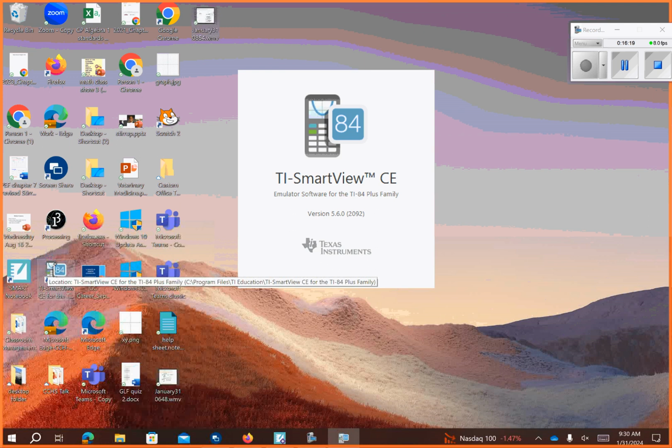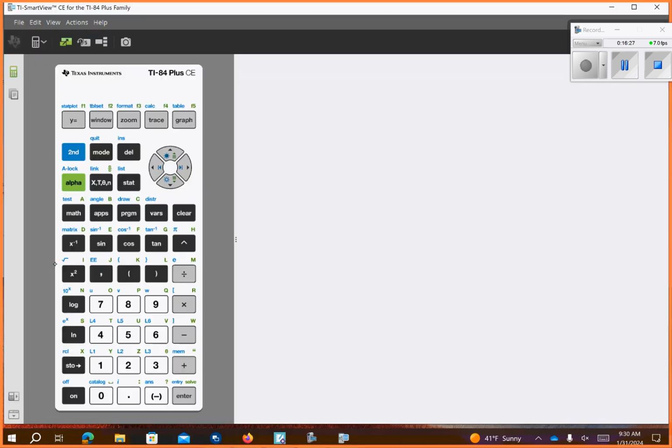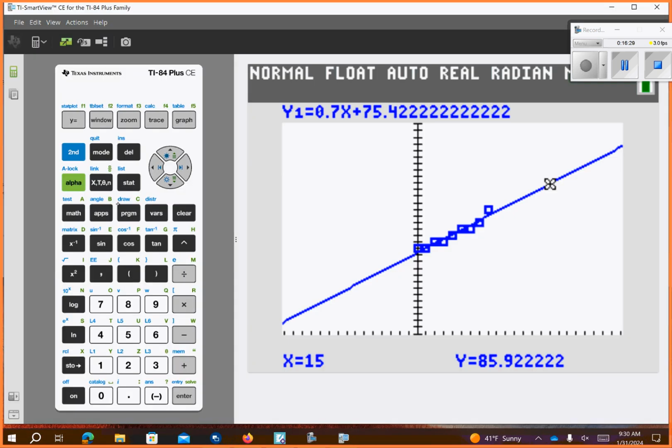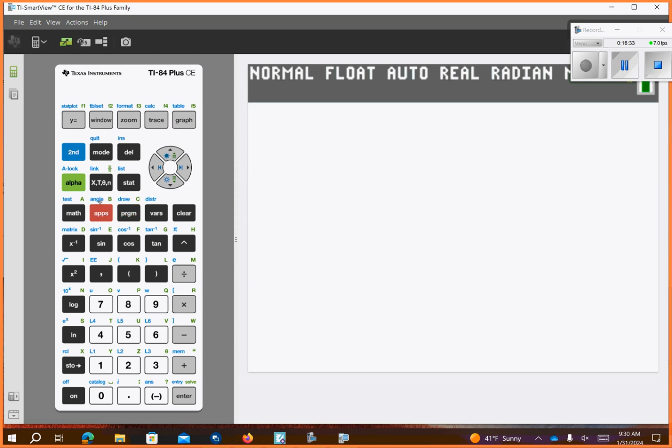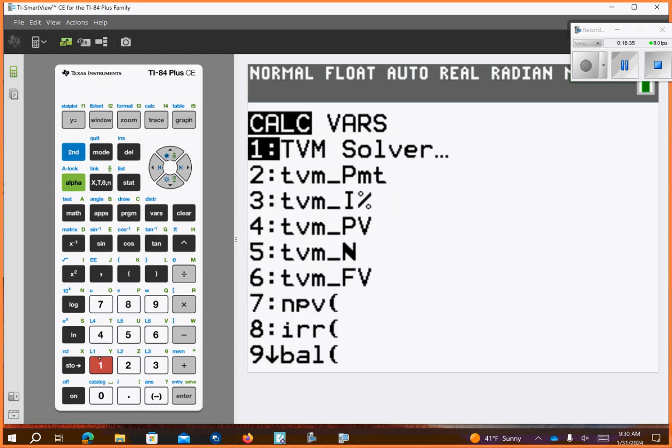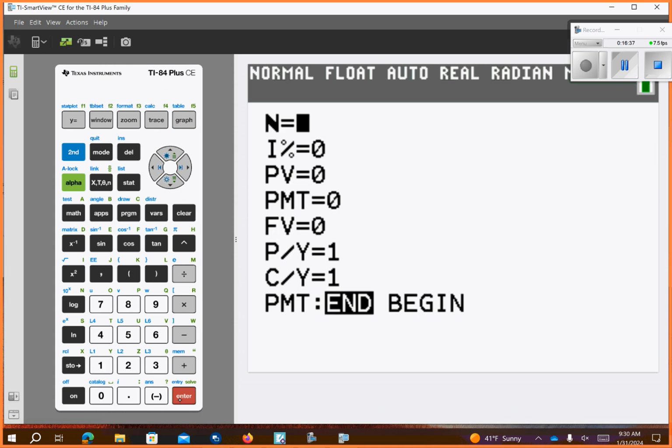But I just want you to realize how money grows and how money becomes a real positive situation for you. Okay, so we're going into apps, going to finance, I'm going to go to something called a TVM solver. So 12 times 18 means I had 216 payments.